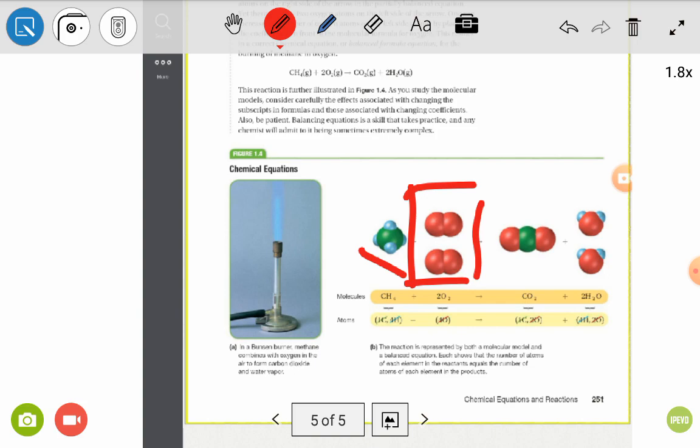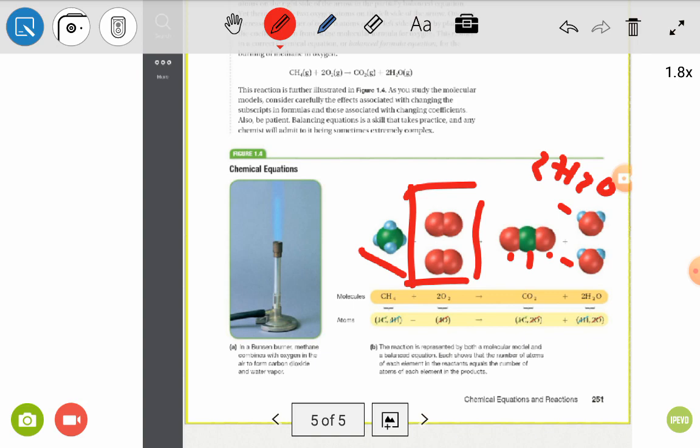Producing carbon dioxide. That's a carbon atom, and that is an oxygen atom. 2 oxygen atoms with 1 carbon producing carbon dioxide, and we have here 2 molecules of water, 1 H2O and 1 H2O. The chemical formula is H2O. We have 2, so we have 2H2O.